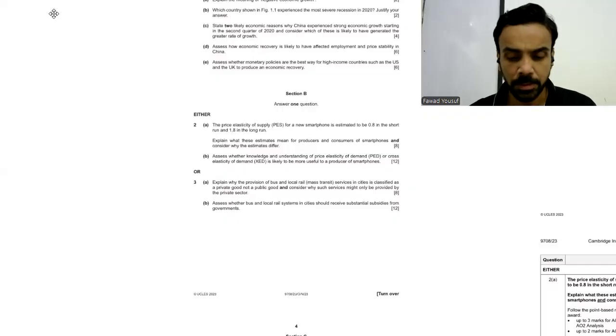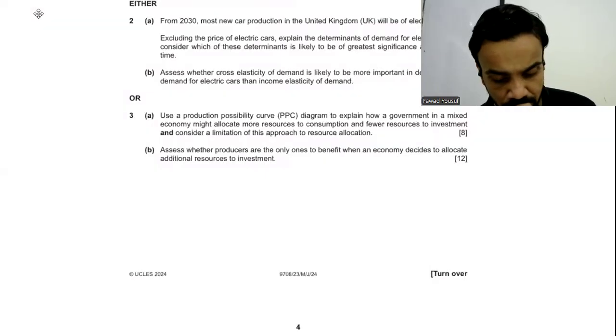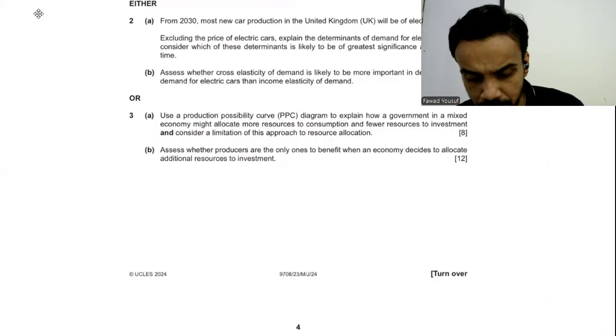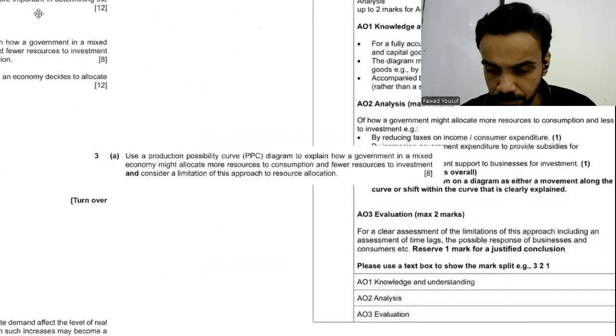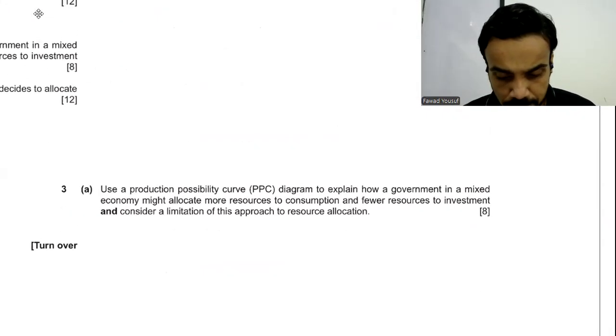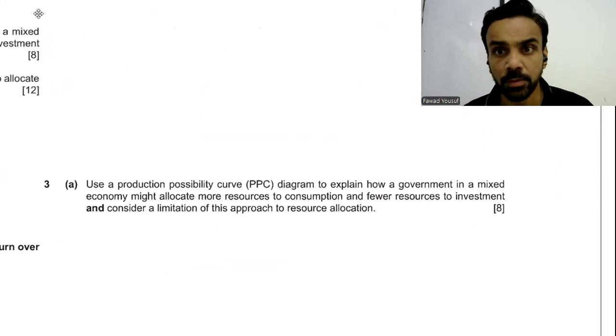Let me open that one. All right, let's take a look at this one. Take a moment and just read this and then we'll talk about it.